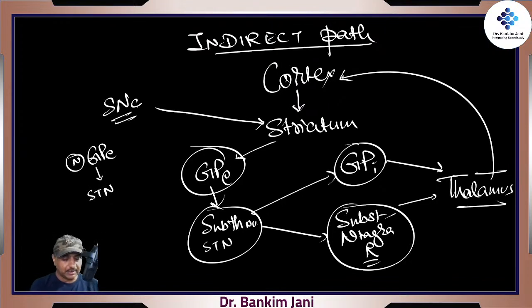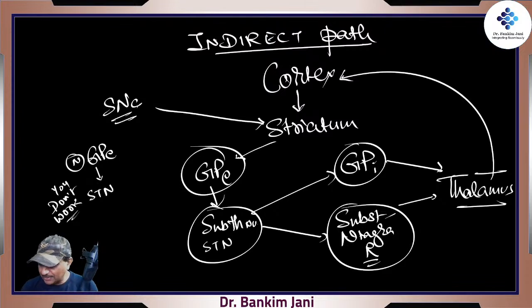What is the subthalamic nucleus doing? It tells GPI and substantia nigra that you work. What do GPI and substantia nigra tell the thalamus? They tell the thalamus not to work.